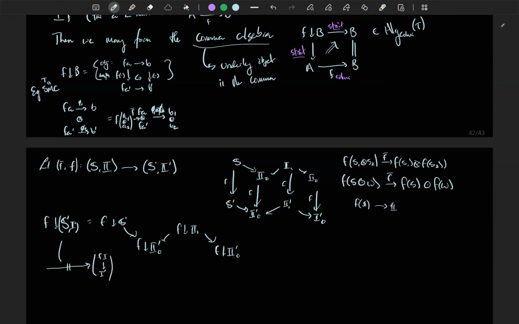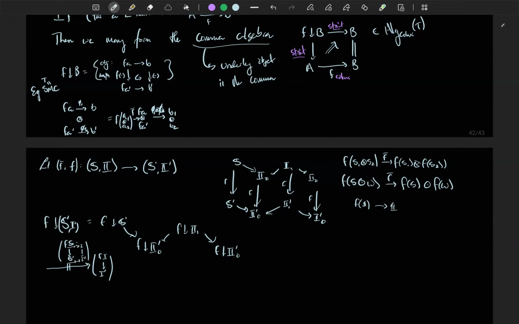And the system is f of a system in the top to a system in the bottom, where they have the appropriate interfaces. In other words, this is a system into I, this is a system into I prime, and this is a map over that map.